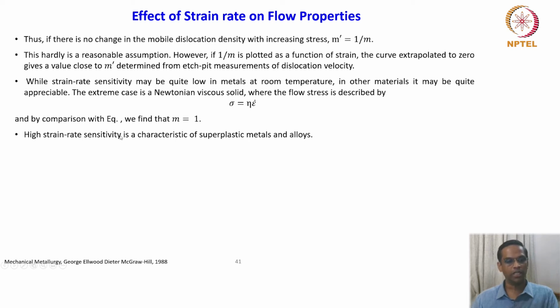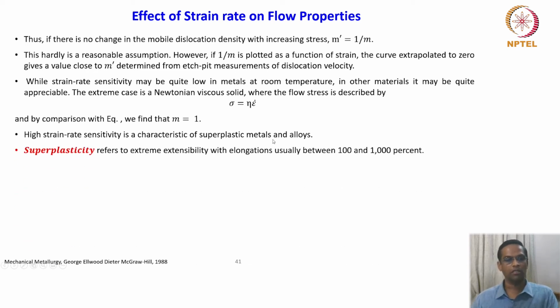Any material which exhibits high strain rate sensitivity is a characteristic of superplastic metals and alloys. Superplasticity refers to extreme extensibility with elongation usually between 100 and 1000%. We will see this in a little more detail.